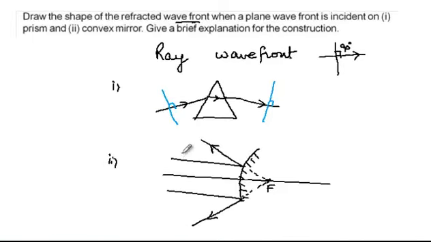Now this would be an incident wavefront, this would be a reflected wavefront, and this too would be a reflected wavefront. Similarly, you can have a number of wavefronts and you can see that this is a part of a surface. So this is the reflected wavefront.